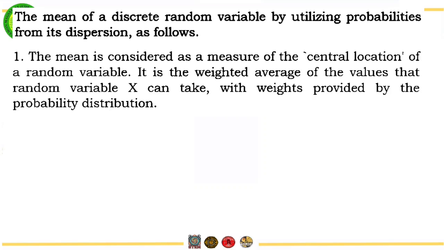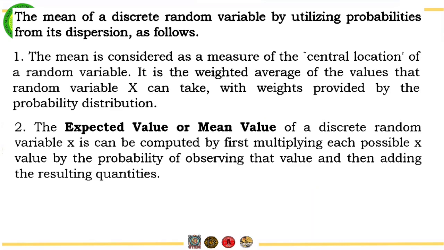It is the weighted average of the values that random variable x can take, with weights provided by the probability distribution. Number two, the expected value or mean of a discrete random variable x can be computed by first multiplying each possible x value by the probability of observing that value, and then adding the resulting quantities.